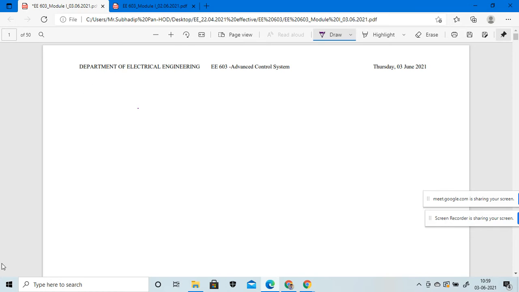If I draw, we have a quantizer block. We are giving the input x(t), which is my analog input, and y(t) will be my discrete output, the digital output, or the quantized output, we can say.